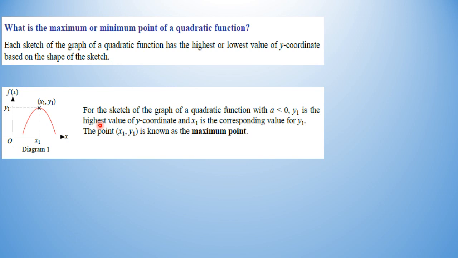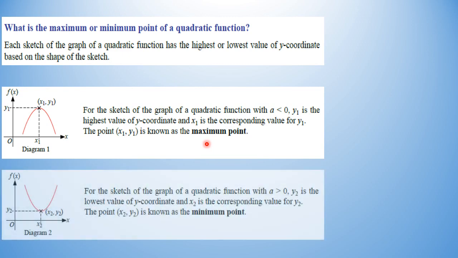And then y1, this one, is the highest value of the y coordinate. S1 is the corresponding value for y1. So S1, y1, this coordinate we call the maximum point.